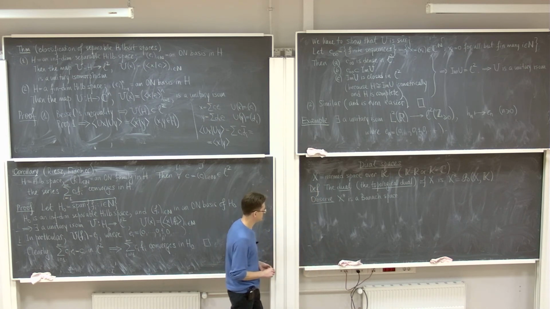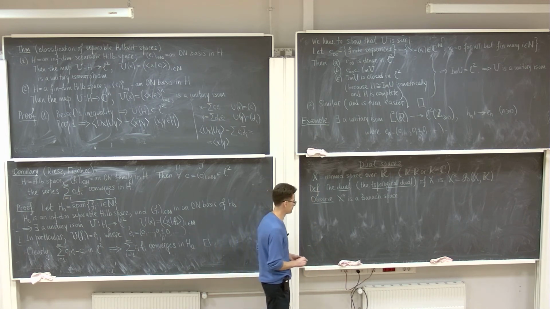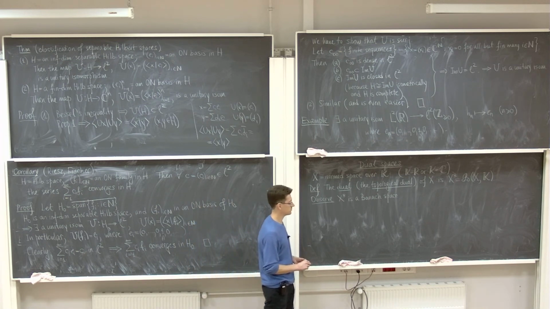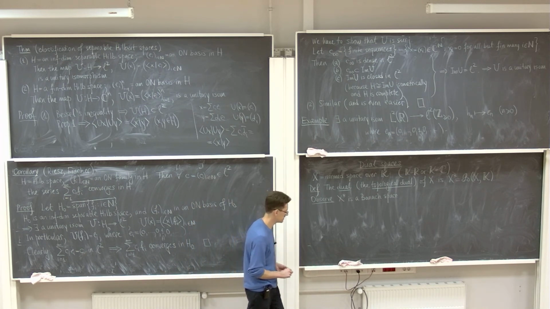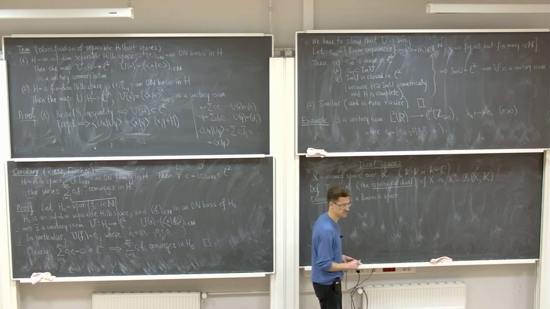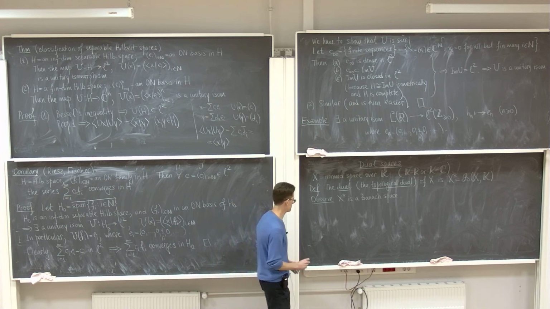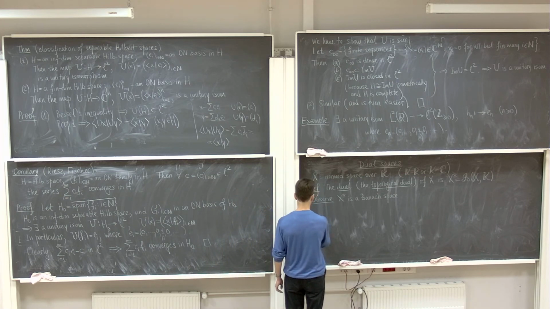Before we prove some general results about dual spaces, let's look at some examples. So our goal will be to describe the dual, to explicitly describe the duals of some classical Banach spaces. And we start with the case of a Hilbert space. So let's look at the following example.